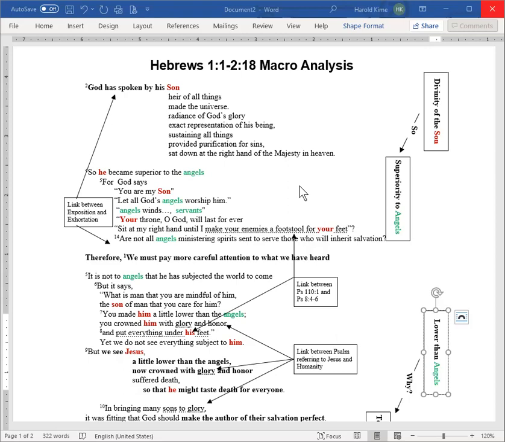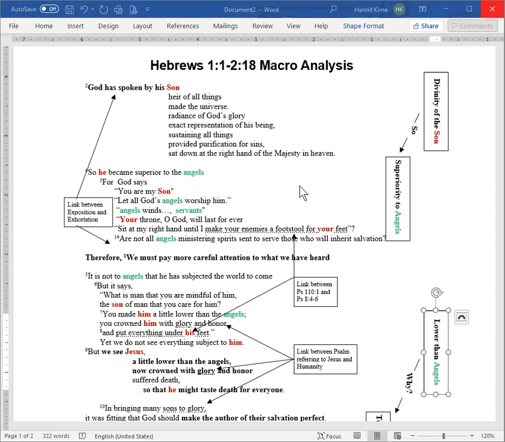When we come to verse 4 of Hebrews chapter 1, the writer turns and he says, "So he," that is the Son, "became superior to the angels." And from verse 4 through the rest of the chapter, we notice that there is an emphasis on angels, as well as a continued emphasis on this Son.